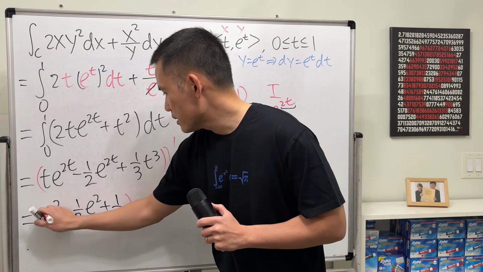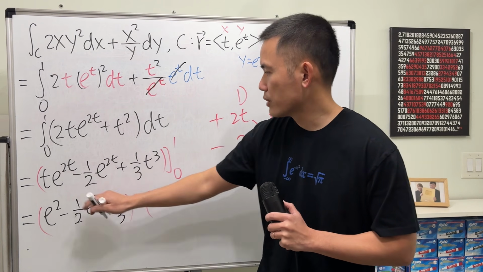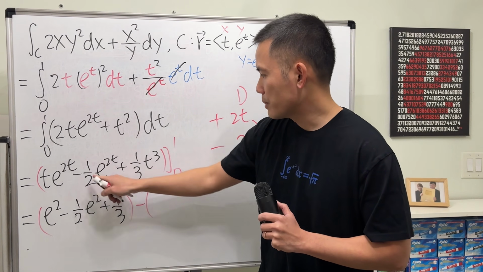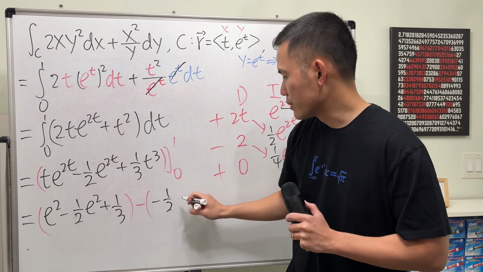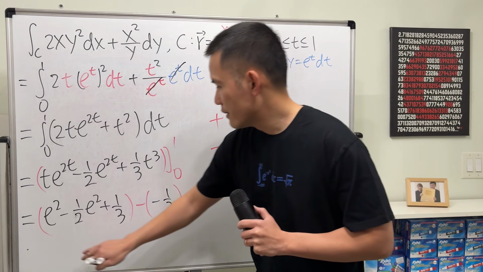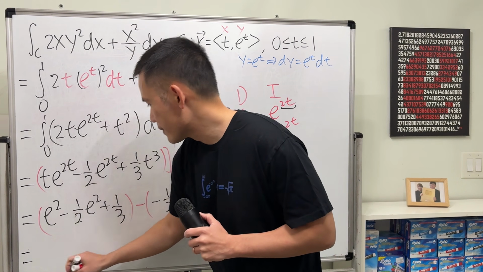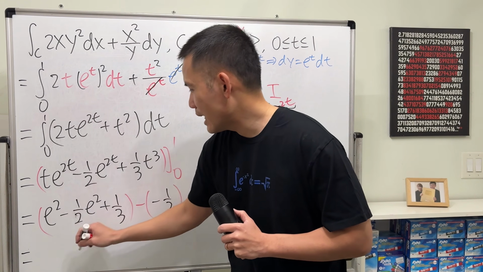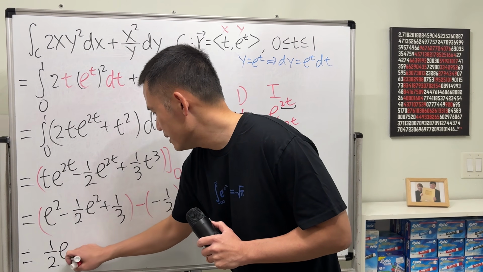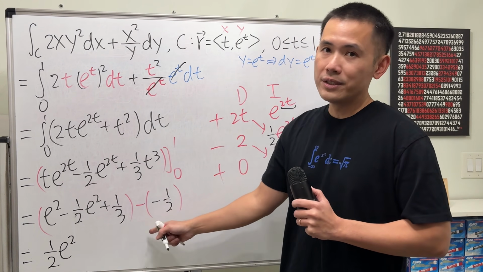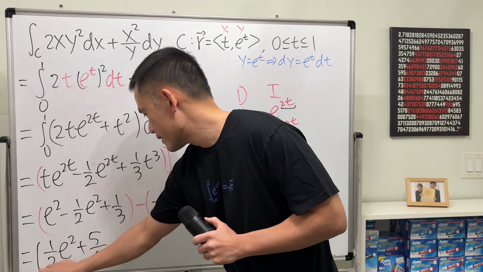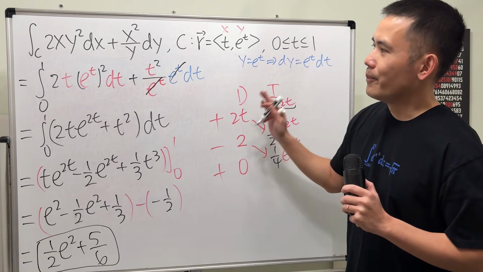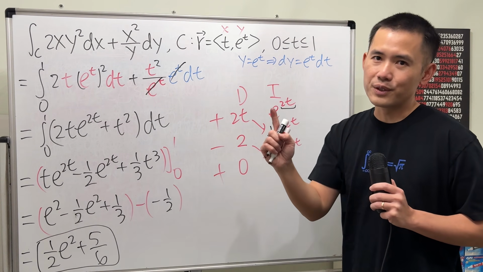So that's the first part, and then minus, plugging in 0, that's out, but that's a minus 1/2, and then 0, so that's what we have. And then finally just work that out. That's 1/2 e squared, and then 1/3 plus 1/2, you get 5 over 6. So parametrization, that's the first way.